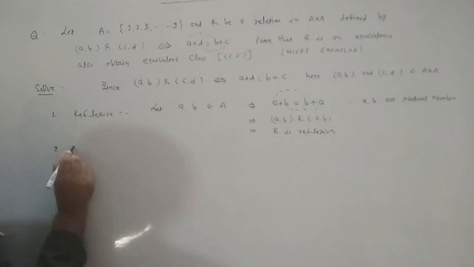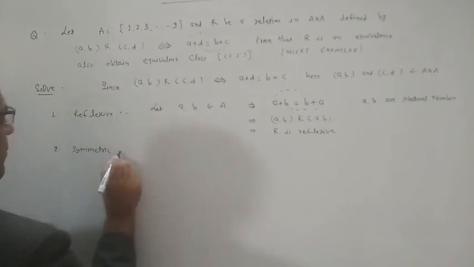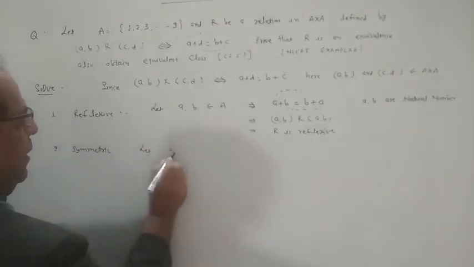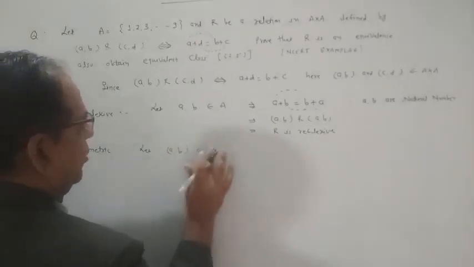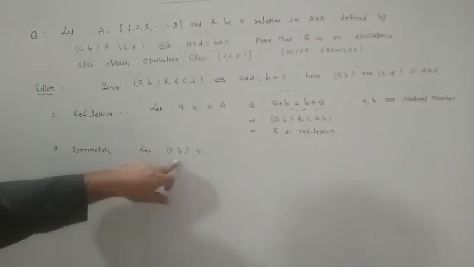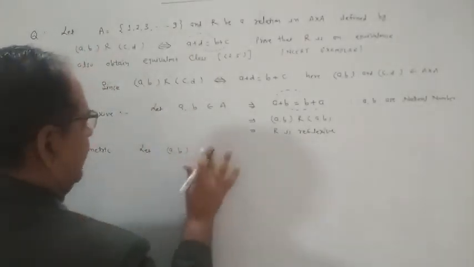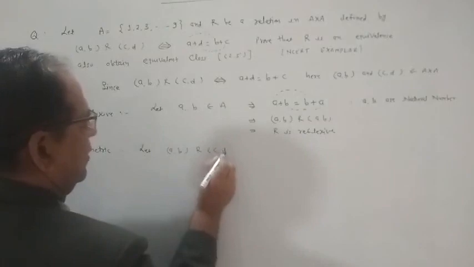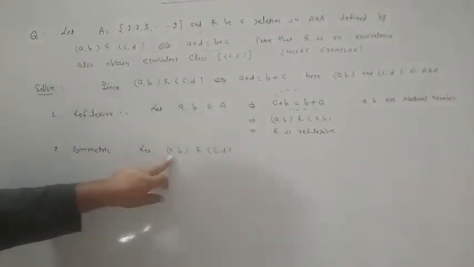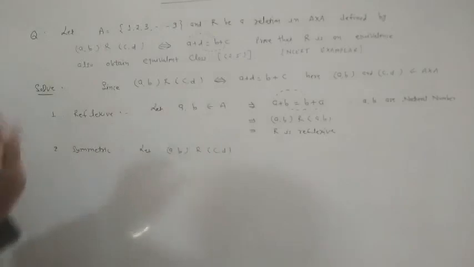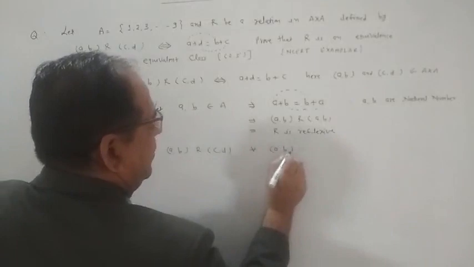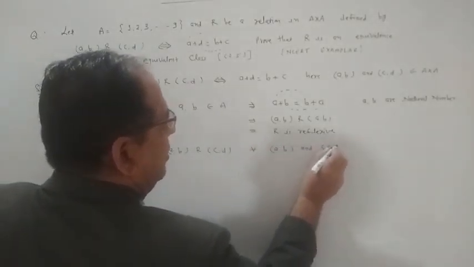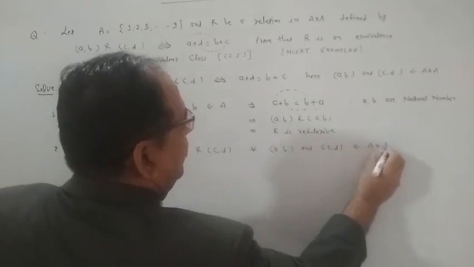Symmetric. Let (a, b) and (c, d) belong to A cross A, and let our pair (a, b) be related to (c, d).